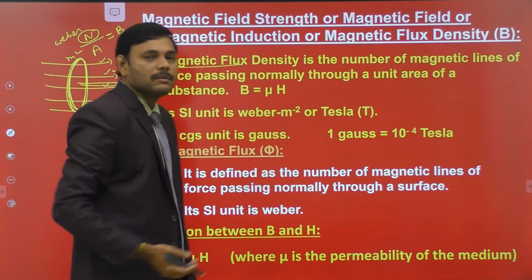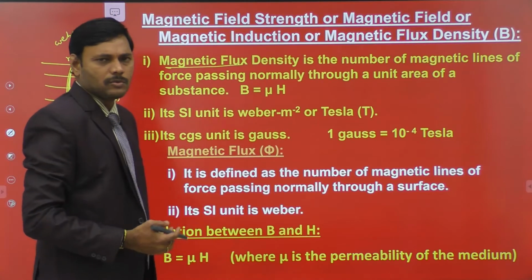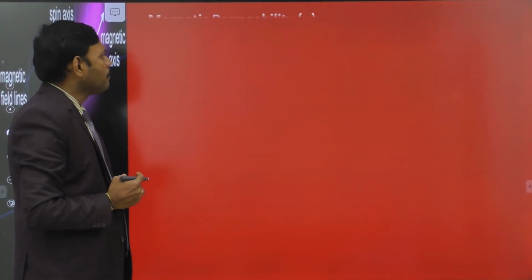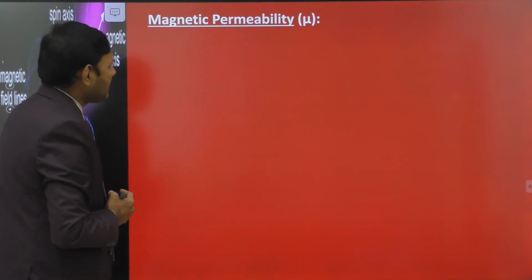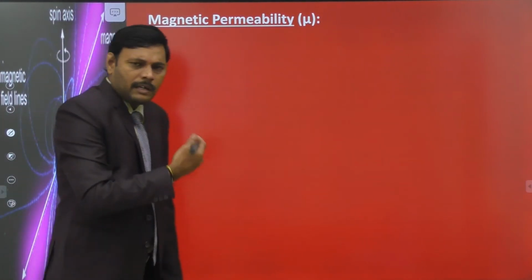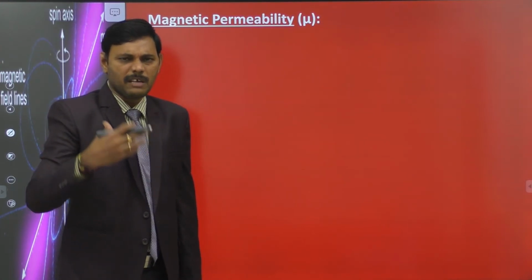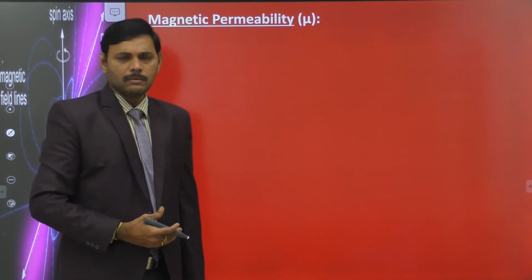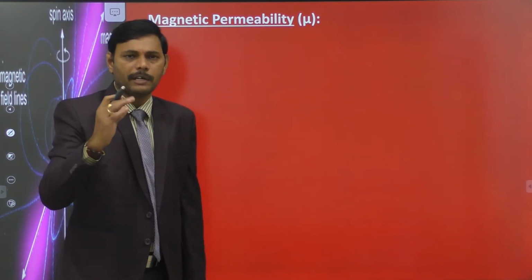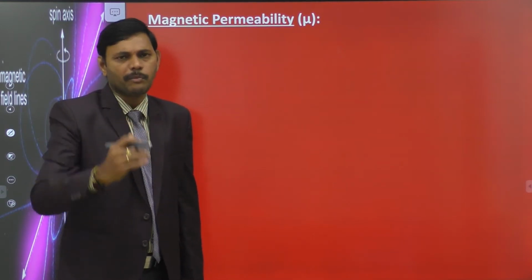Next, move on to another definition to know about magnetism. Here, magnetic permeability, mu. While relating B and H, we used B is equal to mu H, where mu is known as the magnetic permeability of the medium.